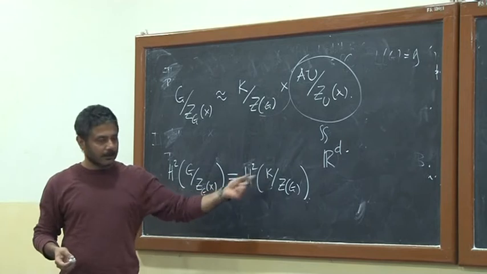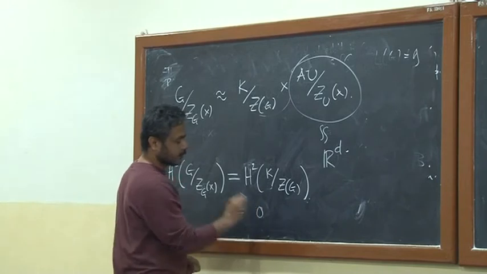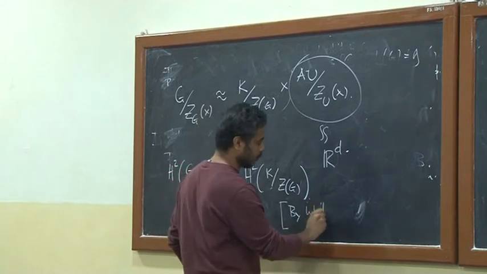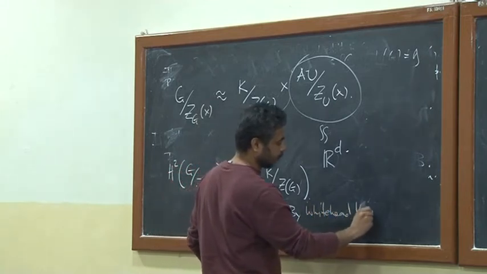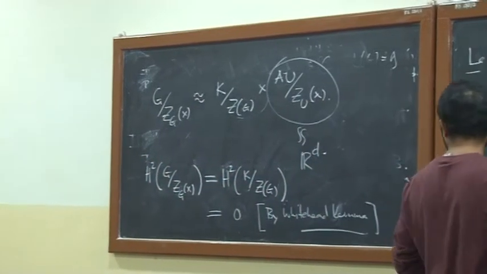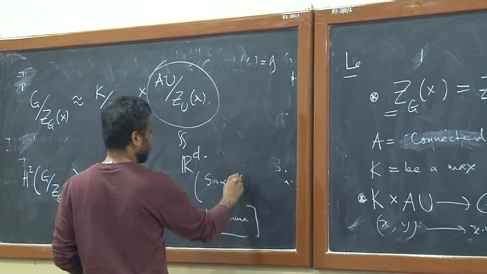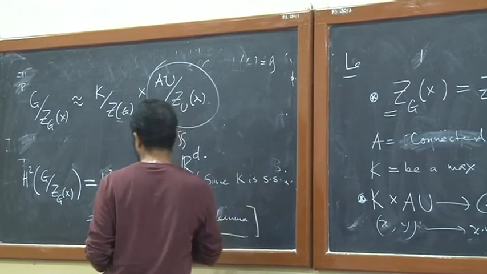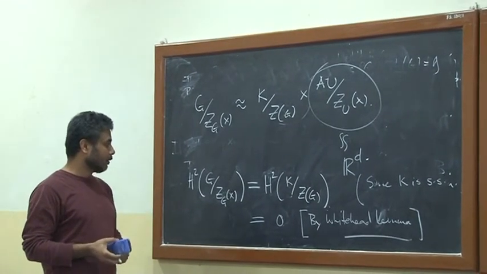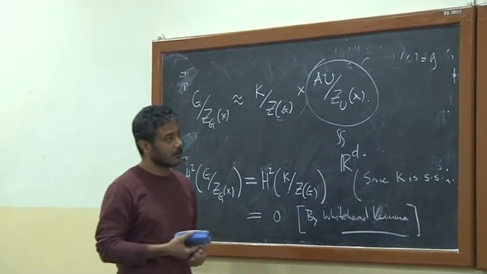So this is a real semi-simple group, and so by Whitehead's theorem, this proves that H2 is that of a regular unipotent orbit.